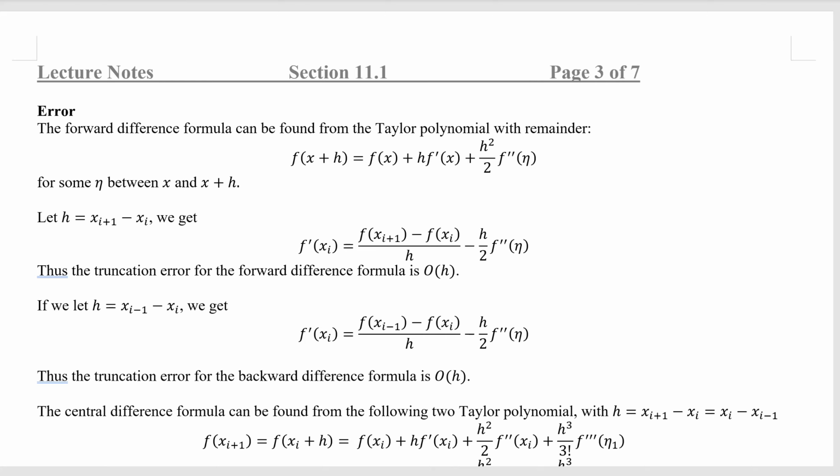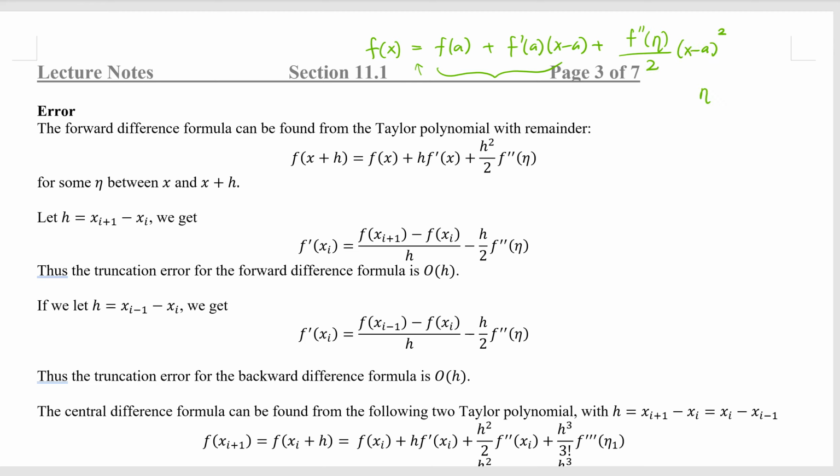So let me recall for you what the Taylor polynomial is. We have f of x equals f of a, and then f prime of a times x minus a, plus... So if you just want to keep two terms of the Taylor polynomial, then for the last term, for the remainder term, you need to replace a by eta, where eta is some number between a and x.